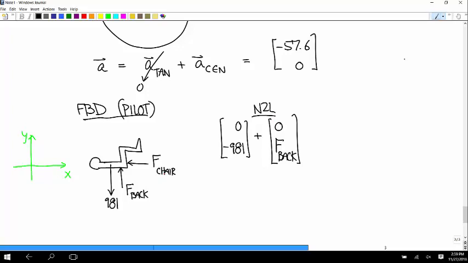The chair force is in the negative x direction. So negative F chair, 0. And all that is equal to 100 times acceleration, negative 57.60.